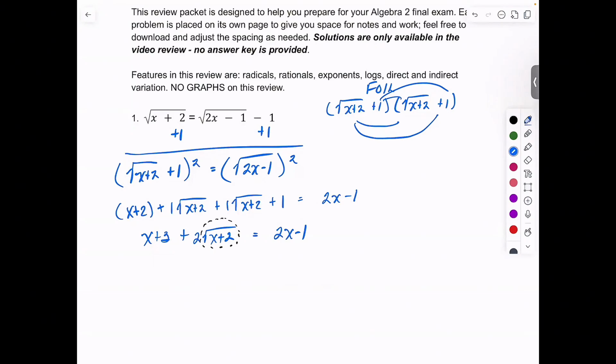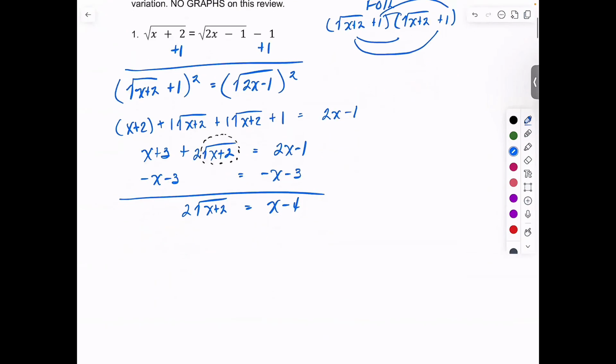I just need to do a few more maneuvers. So I will subtract x and 3 from both sides. Almost there. Before we go any further, get rid of that 2 coefficient by dividing both sides by 2. And voila.